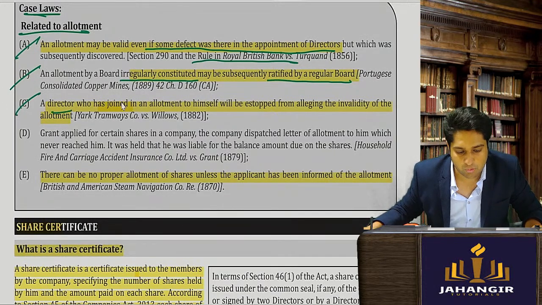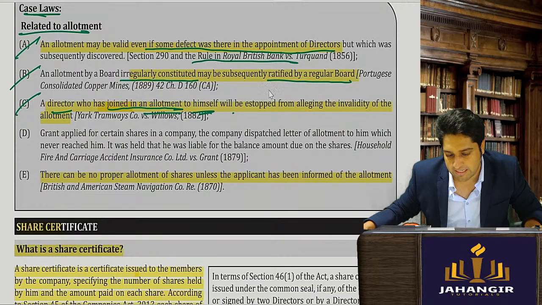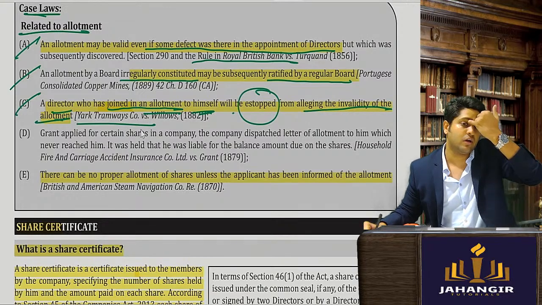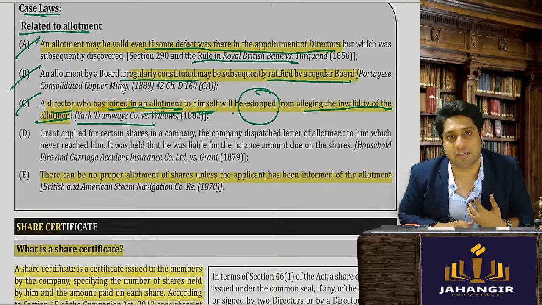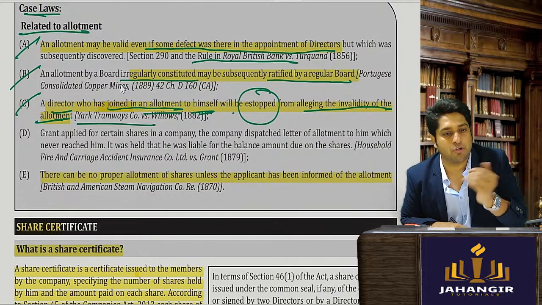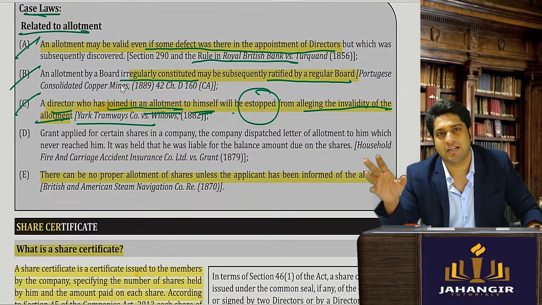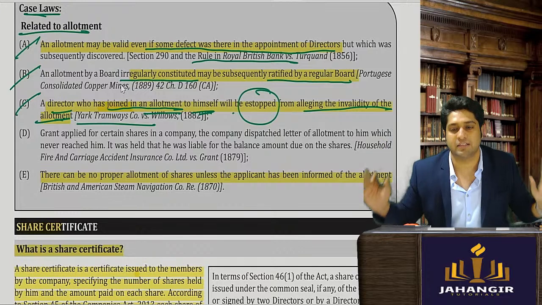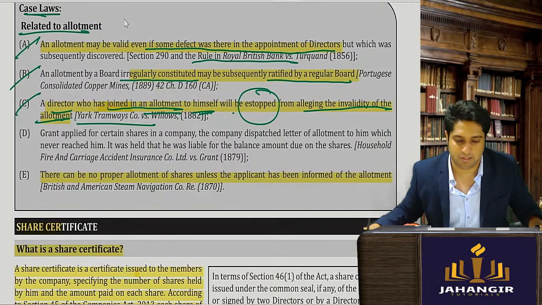A director who has joined in an allotment to himself will be stopped from alleging the invalidity of the agreement, as given here. Now what does it mean? A director has allotted shares to himself. Now he cannot deny the liability and responsibility of it.